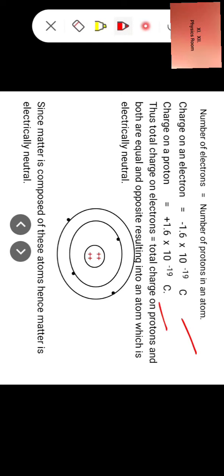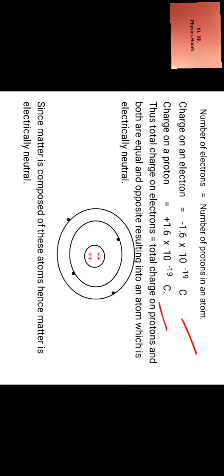The total charge on electrons is equal to total charge on protons, and both are equal and opposite, resulting in an atom which is electrically neutral. Since matter is composed of these atoms, hence matter is electrically neutral.